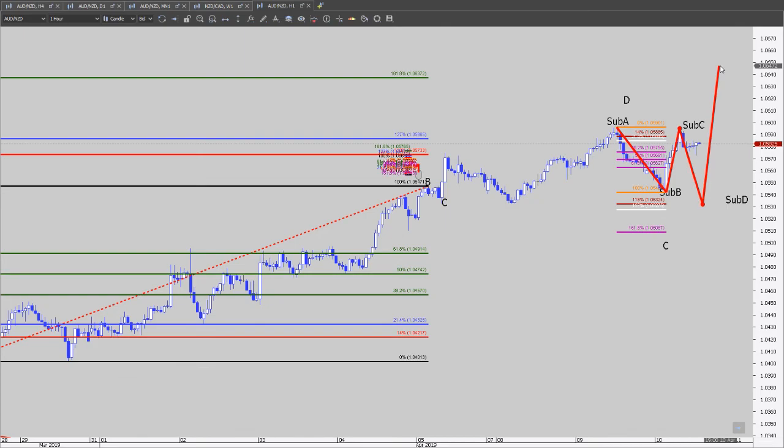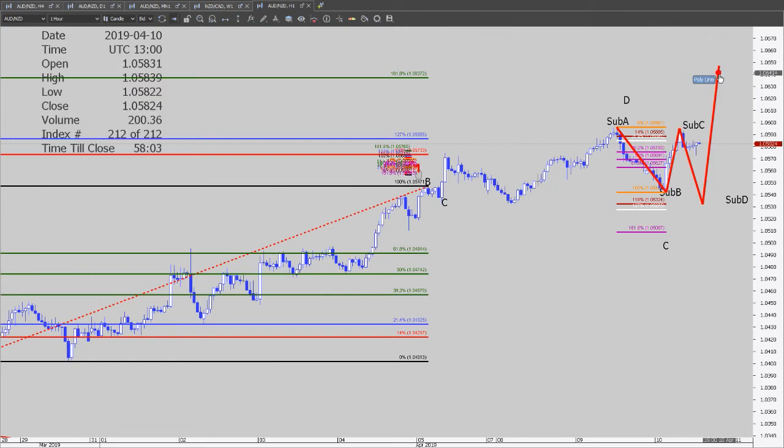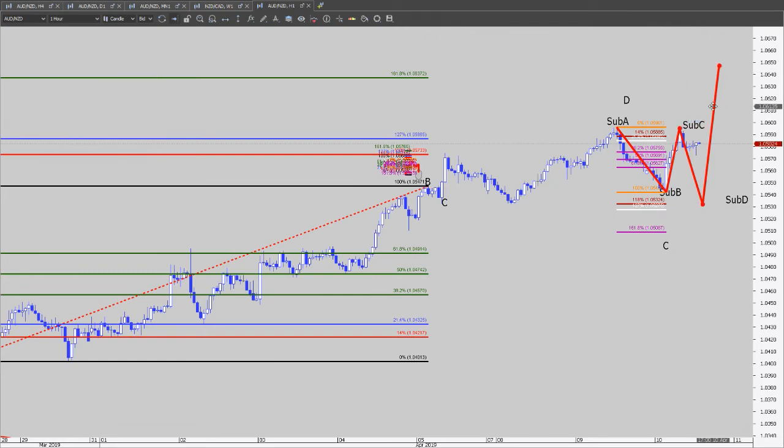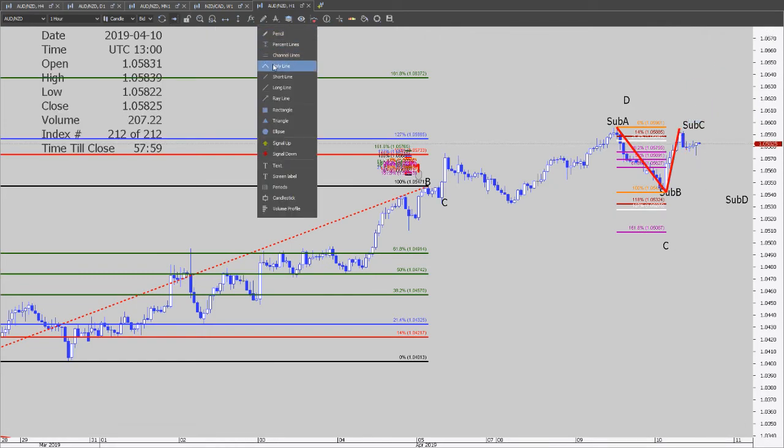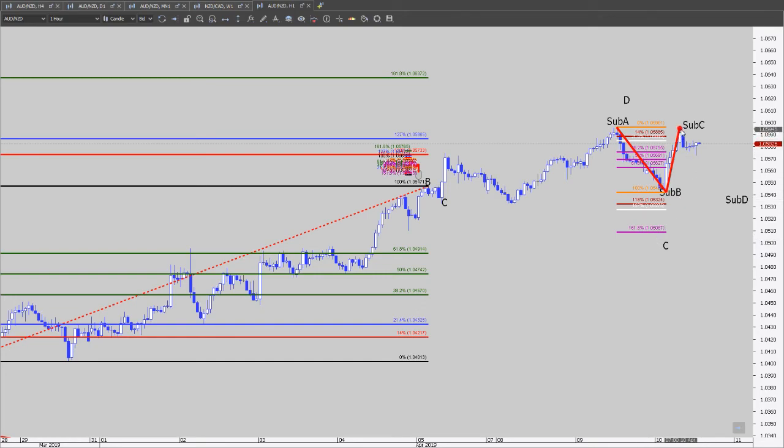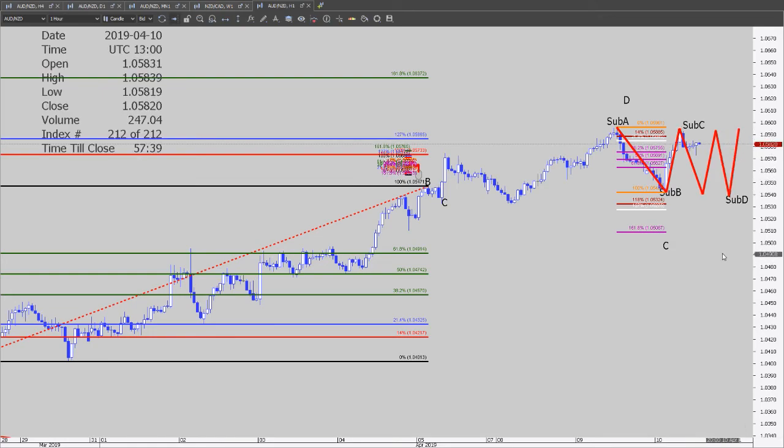So green goes to green, right? And number three, the market is going to hit our sub D extension, but because it retraced to that deeper level inside the sub A sub B boundary, maybe the market is going to stay locked for some time in this sideways movement.